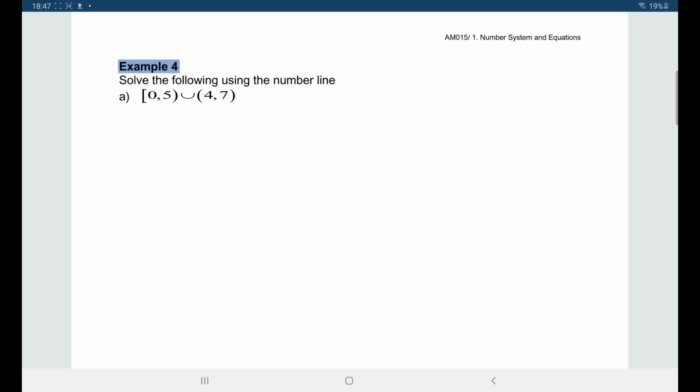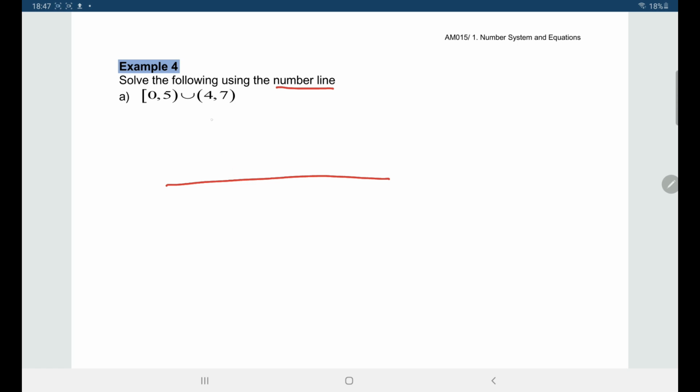Example 4. Solve the following using the number line. A. Half open interval 0, 5 union open interval 4, 7. First draw the number line. Mark the number line using the end values of the intervals according to their values.